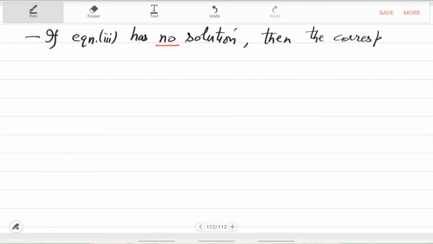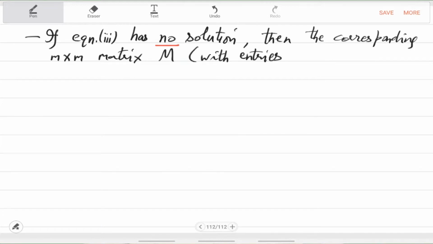the corresponding small m cross small m matrix M. What are the entries of this matrix? Entries are coefficients of GK prime.